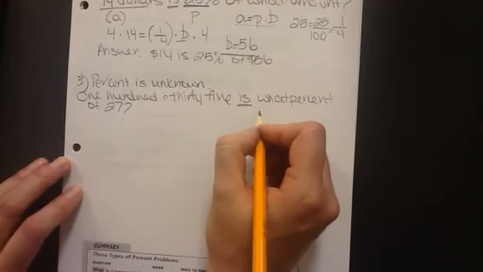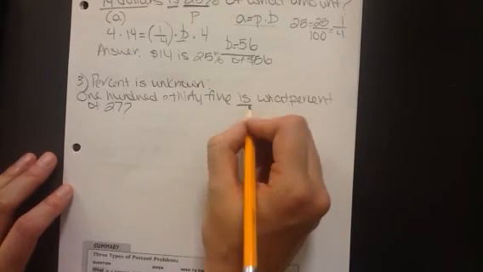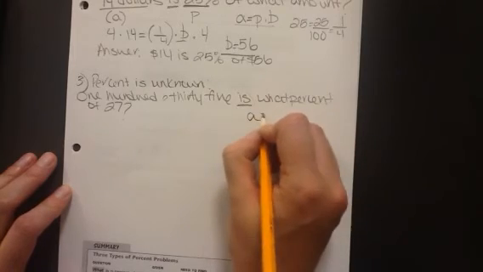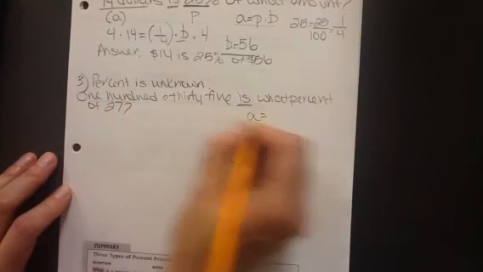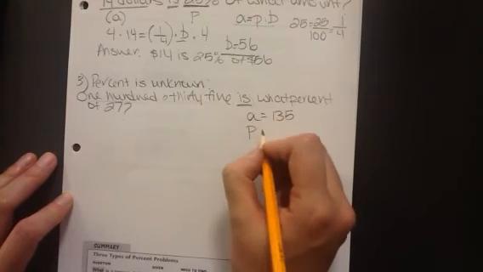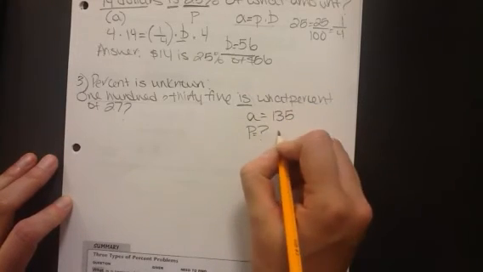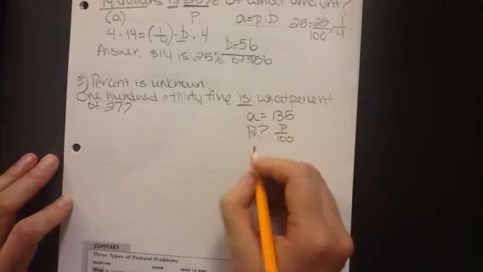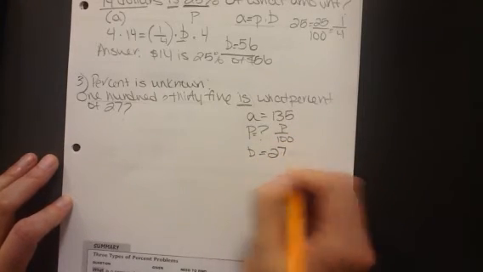Notice the keyword "is" once again, so we're going to have an equal sign. Our A value is this 135. We don't know our P value, but we know it's going to be some number over 100. And our B value is equal to 27.